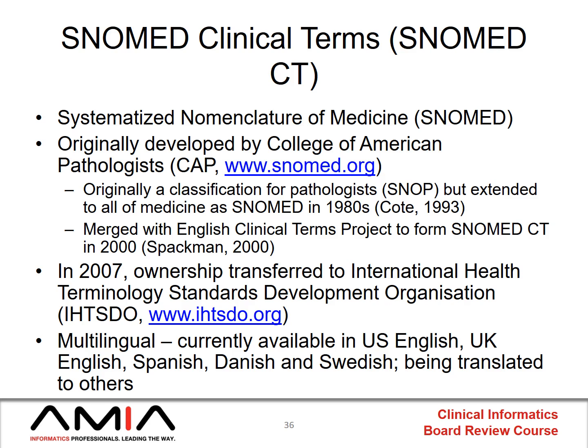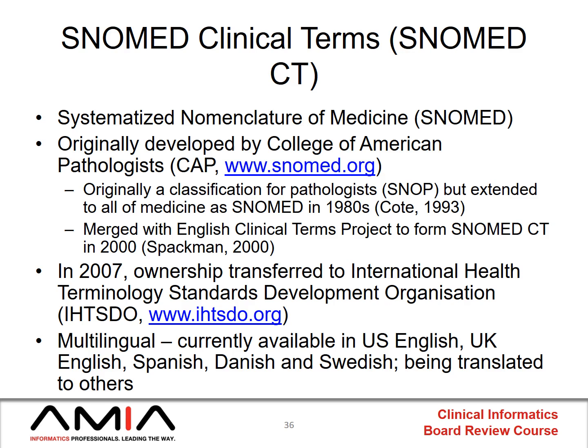SNOMED stands for Systematized Nomenclature of Medicine. It was originally developed by the College of American Pathologists. In fact, it was originally developed as a classification for pathology, when it was the Systematized Nomenclature of Pathology, or SNOP, and then it was extended to all of medicine in the 1980s.